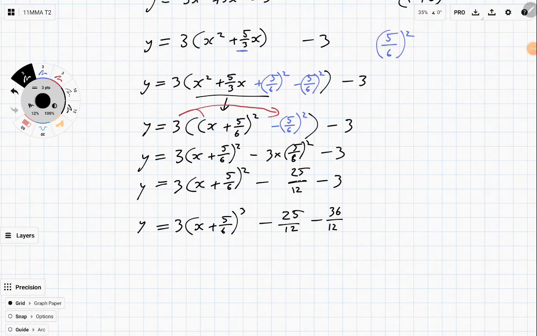And minus 25 minus 36 is, oh sorry, minus 61 twelfths. And that is our final answer, meaning our turning point in this case is (−5/6, −61/12).